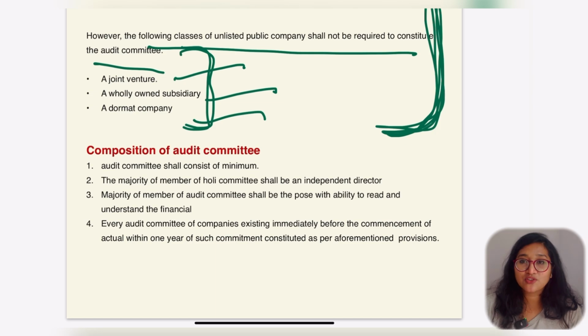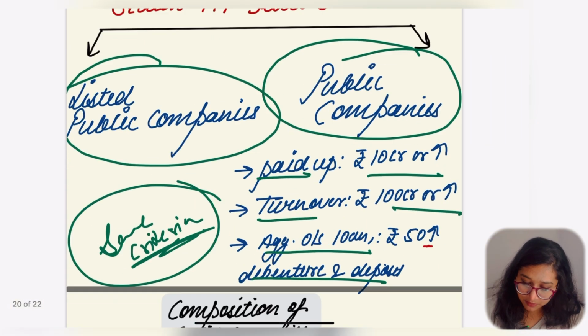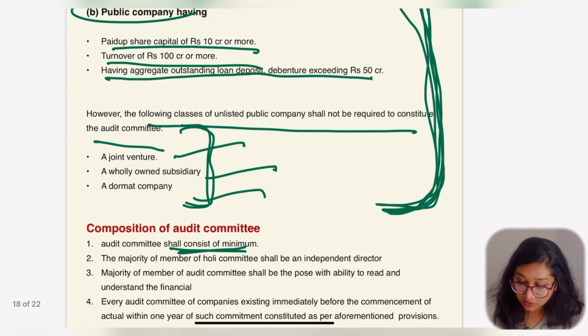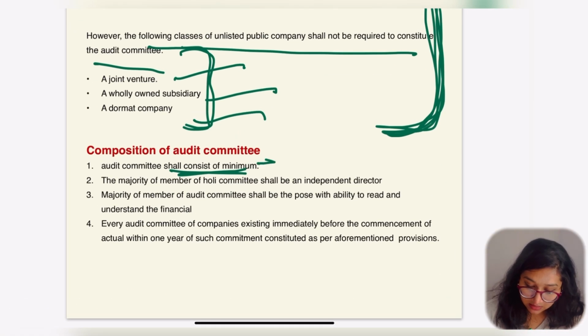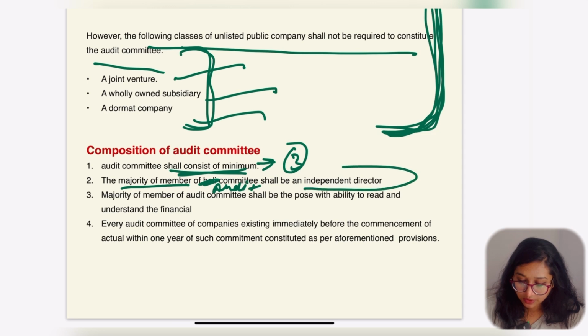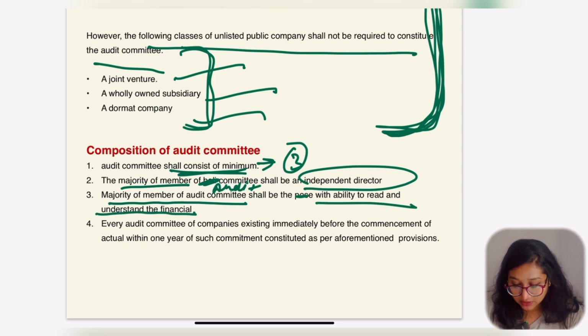Now what is the composition of the audit committee? As I told you, there should be a minimum of 3 directors. The majority of members of the audit committee shall be independent directors, and the members shall have the ability to read and understand the financial statement.